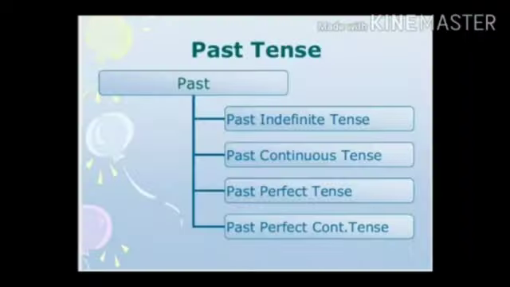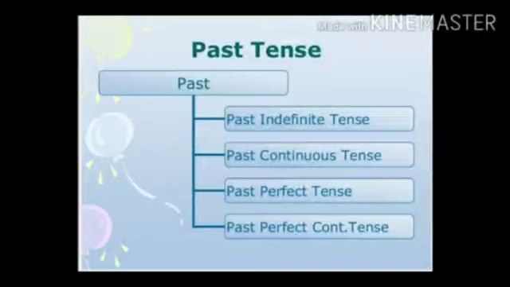This tense is again subdivided into 4 categories: past indefinite tense or simple past tense, past continuous tense or progressive tense, past perfect tense, and past perfect continuous tense or progressive tense. Now let's learn about the first one.